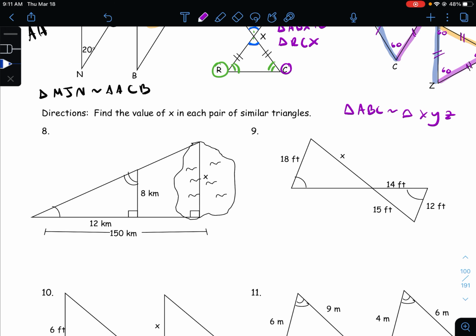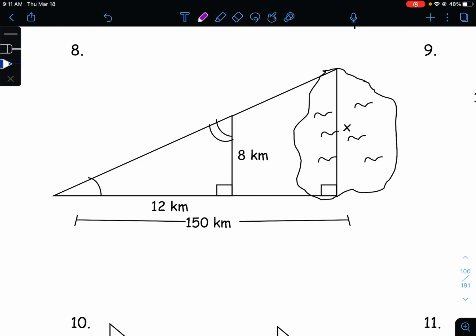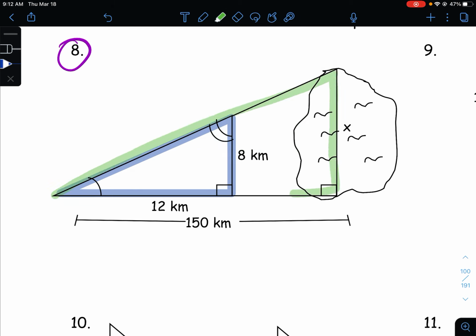We are trying to set up proportions. So let's go ahead. We're looking at triangle. We've got this number 8 here. So we're going to go ahead and try and set this triangle up. We've got a small triangle. And then we've got a bigger triangle. All right.